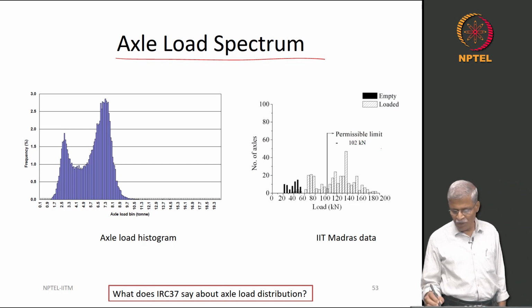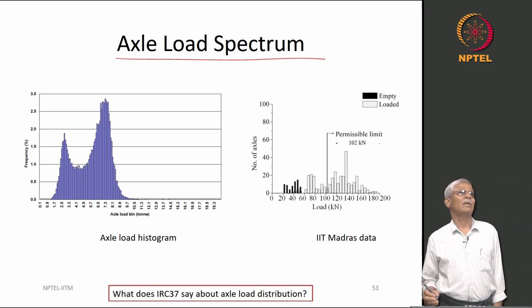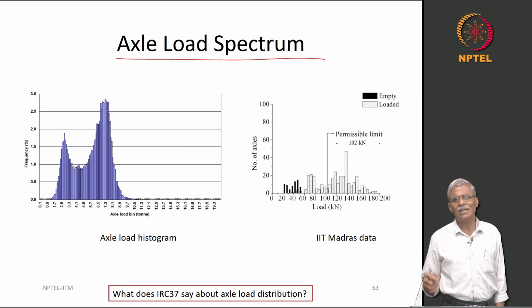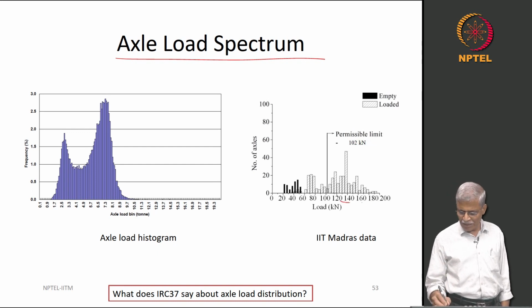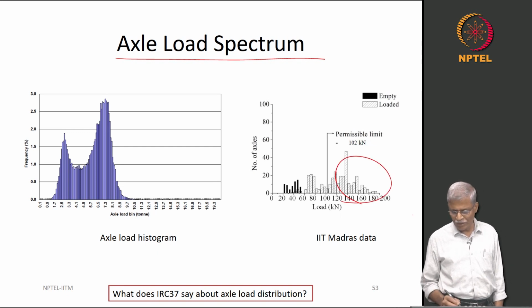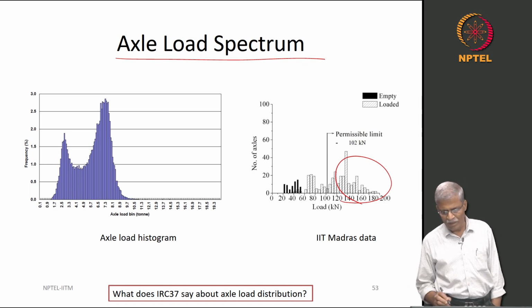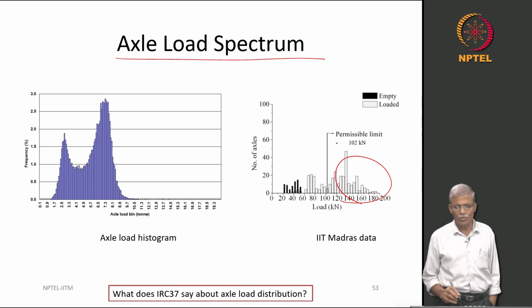In fact, we have been doing this for the past 18 years or so at IIT Madras, collecting as much data as possible and fitting distributions to it, finding out the extent of overloading. This is the permissible limit.